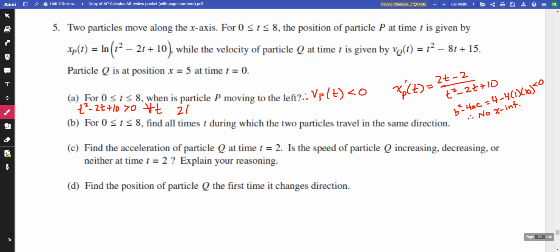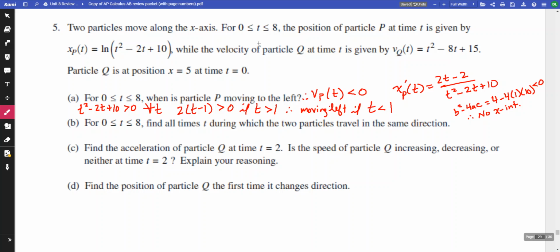And 2 times t minus 1 is greater than 0 if t is greater than 1. So therefore, we are moving left if t is less than 1. Right?